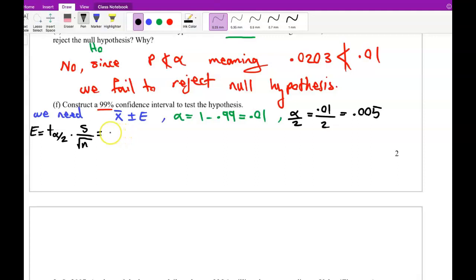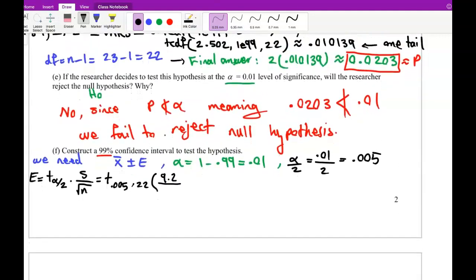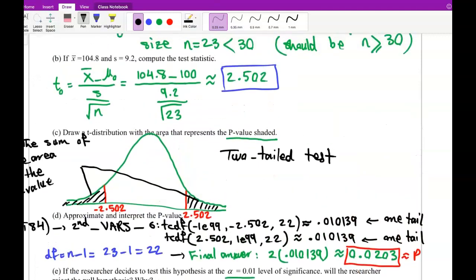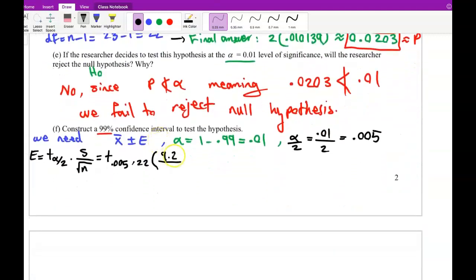Finding t when the area is 0.005 and degrees of freedom is 22, times the standard deviation 9.2, divided by the square root of 23.